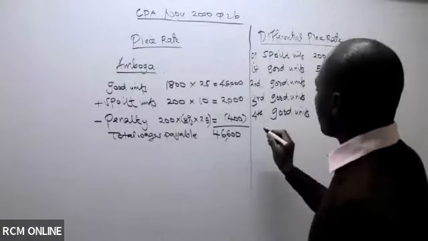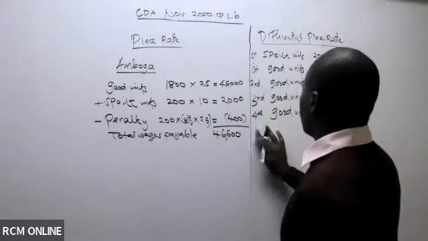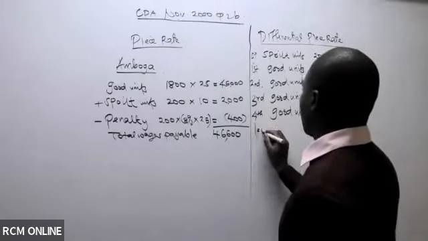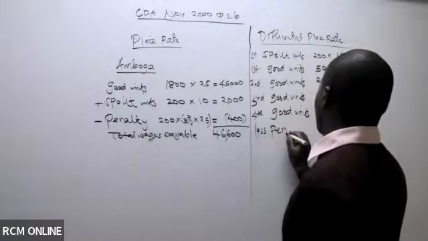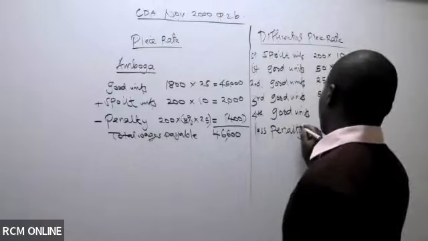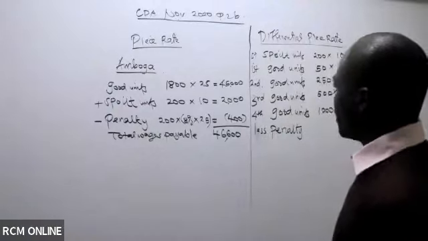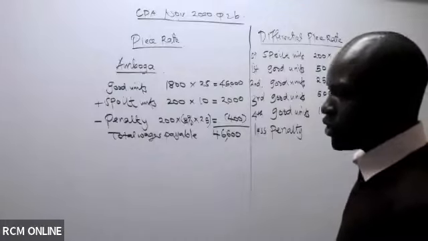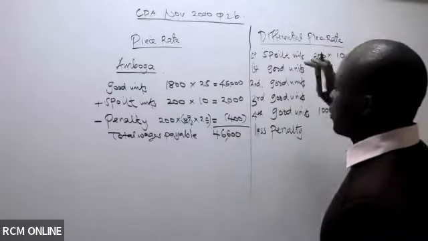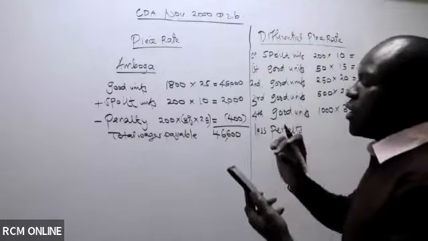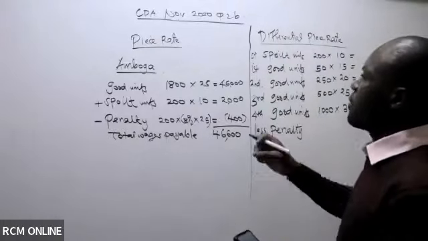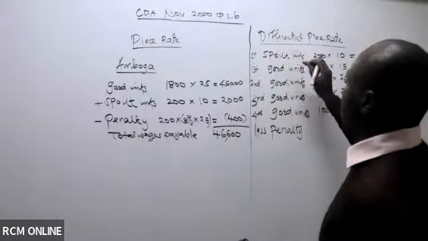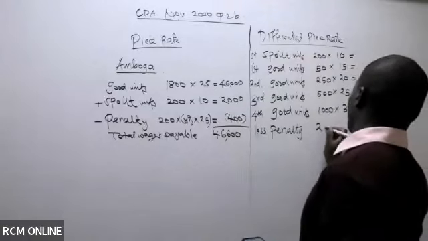But we also have to consider penalty. So we can talk about less penalty. Penalty was charged on the spoiled goods, right? The spoiled goods were 200. We have to deduct that 200 from the first bar. So the first bar, we take the 200 units.